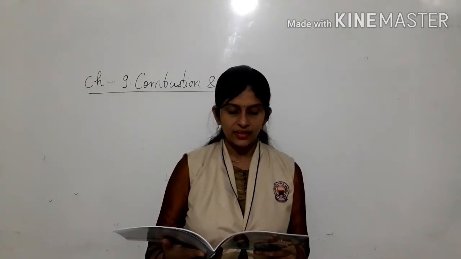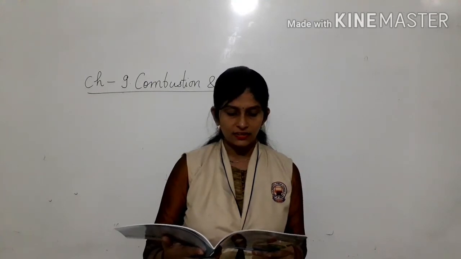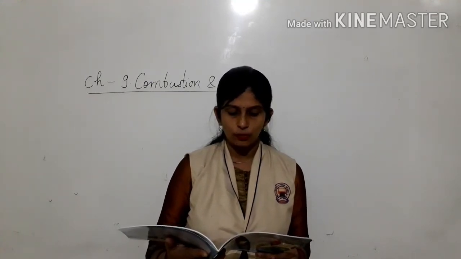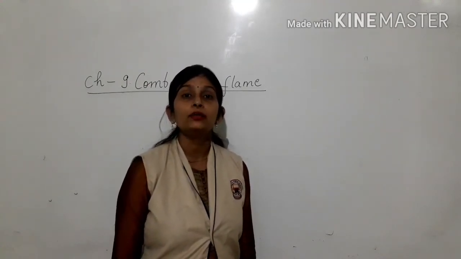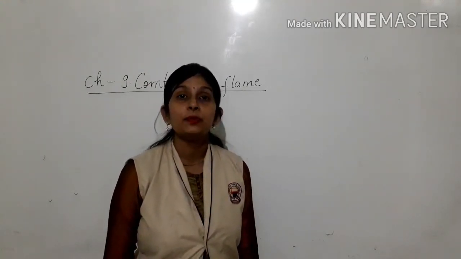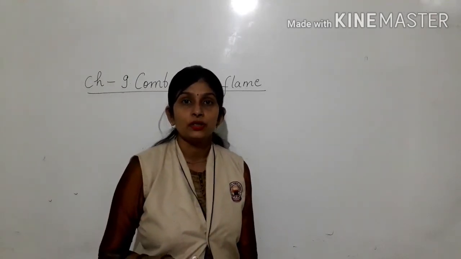State the chemical reaction that takes place between the contents of a soda acid fire extinguisher when its knob is struck. So in this question we have to write down the chemical reaction taking place between the contents of soda acid fire extinguisher.